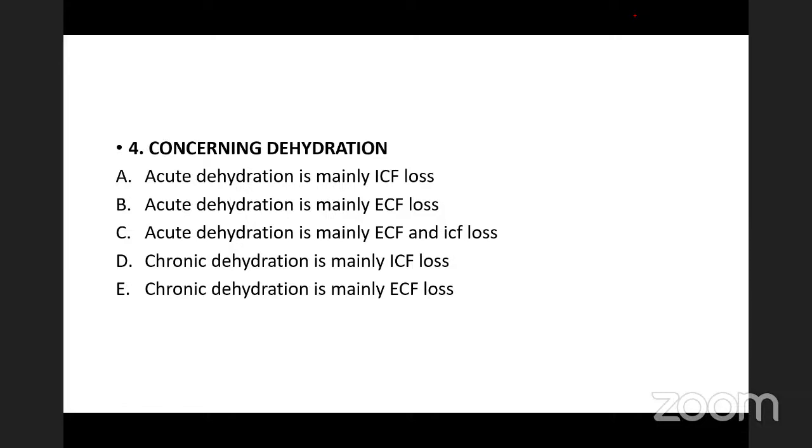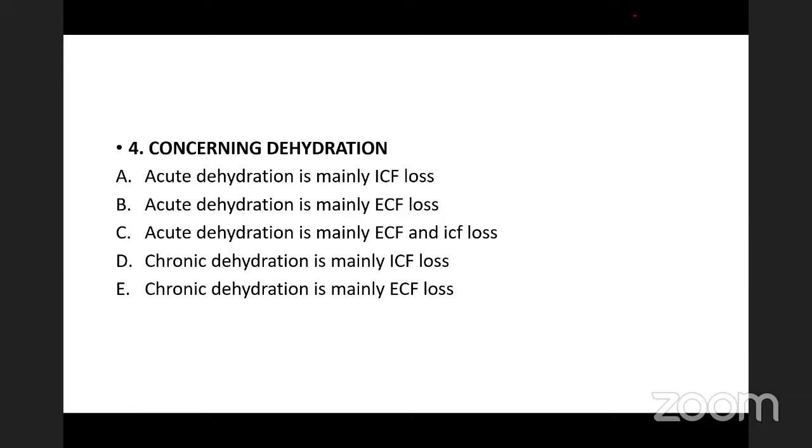For example, when a patient vomits, or when a patient is passing acute diarrhea, that is mainly loss from the ECF compartment.